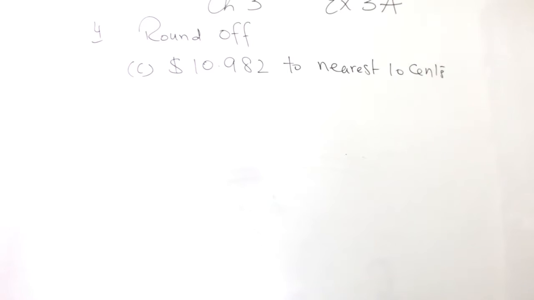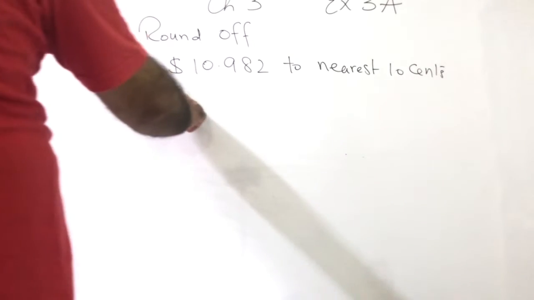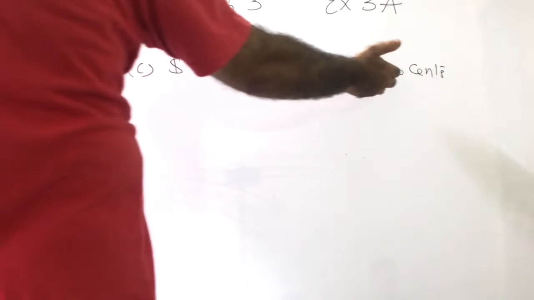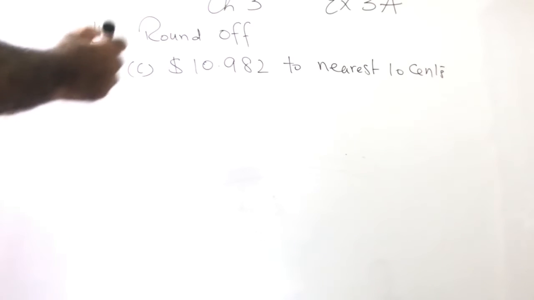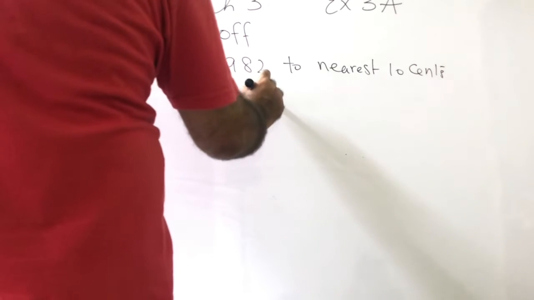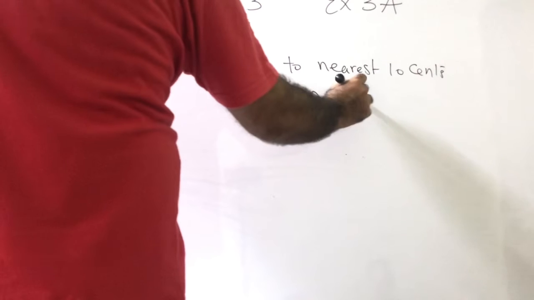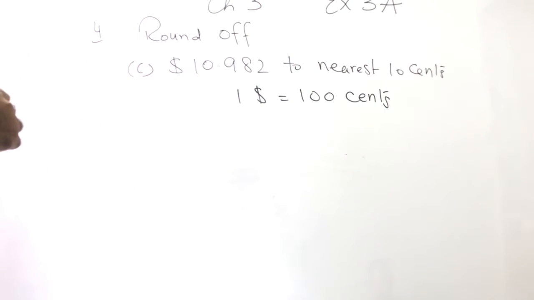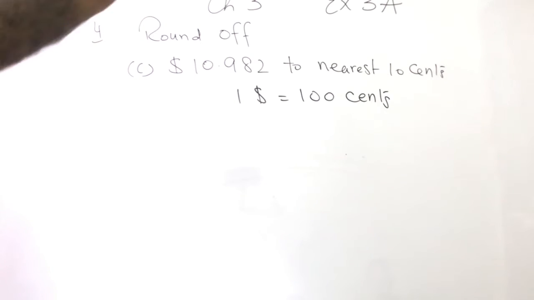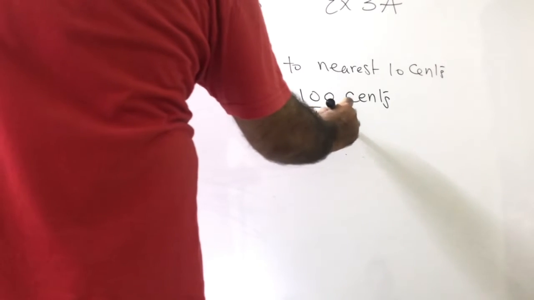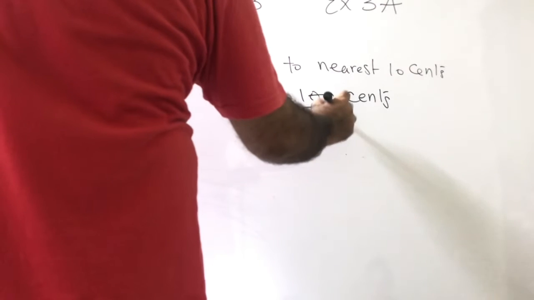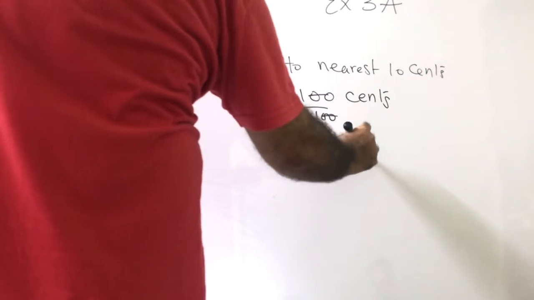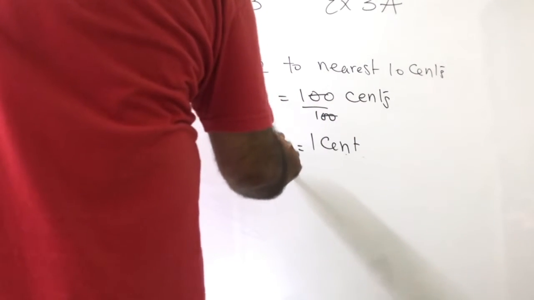This is quite a tricky question, so you need to understand what is the trick involved. First, we know that we are talking about dollars, and here we are talking about cents, 10 cents. So first keep in mind $1 is equal to 100 cents. If we need to talk about 1 cent, we will divide this by 100, this by 100. So we will say 1 cent is equal to 1 over 100.